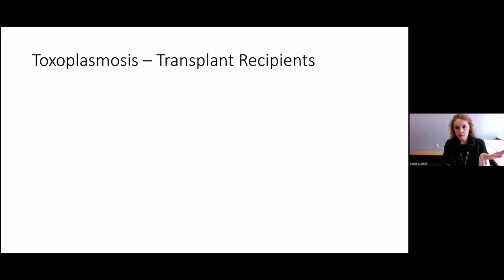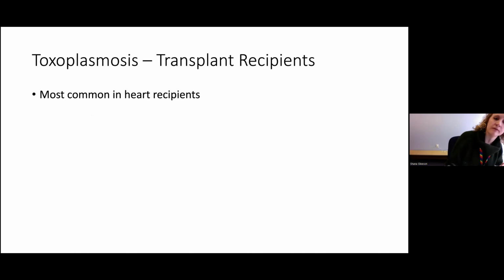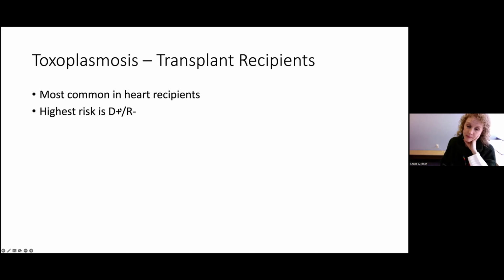In transplant, it's most common in heart recipients. You can see it with liver, kidney, and other organs. You can see it in BMT, bone marrow transplant, but it's most common in heart recipients, and they're the highest risk of the transplant patients of having issues with this. Like I was saying before, the highest risk is D plus R minus, because you're getting the infection in the allograft, but you have no prior immune response to help you control it.